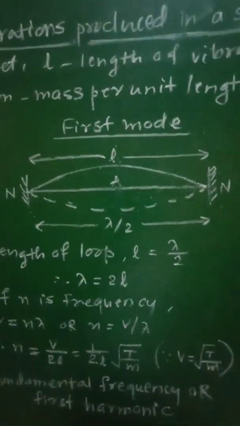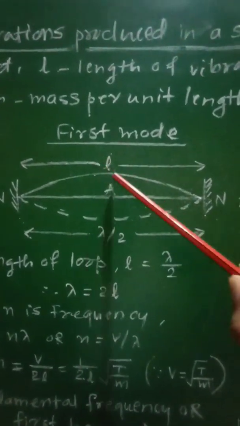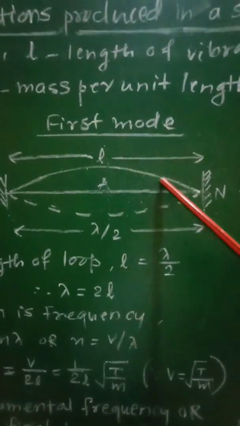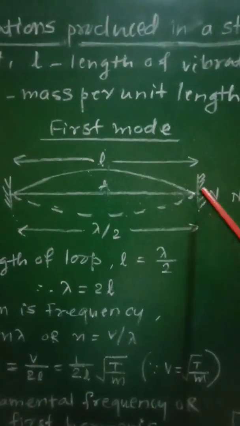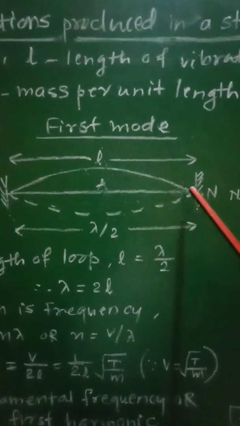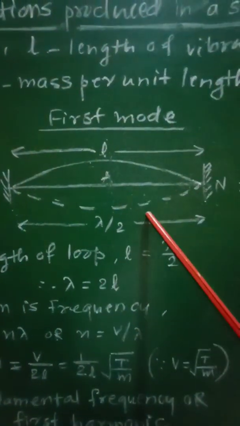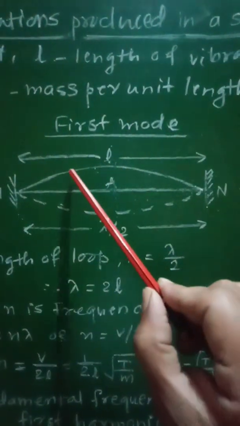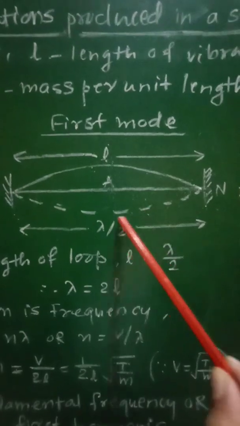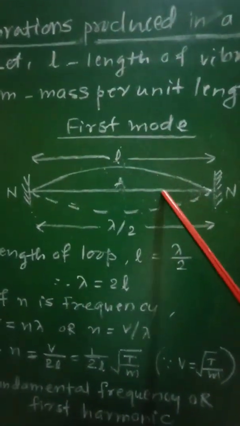When the string is plucked, these waves will travel towards the fixed supports, that is the ends of the wire, and from these rigid supports they will get reflected back. Hence there will be superposition between the incident wave and the reflected wave, and stationary waves will be produced.